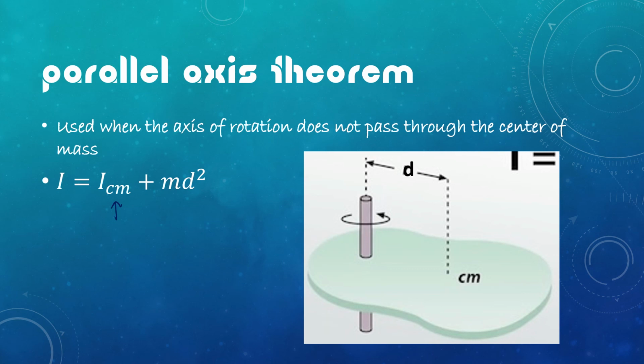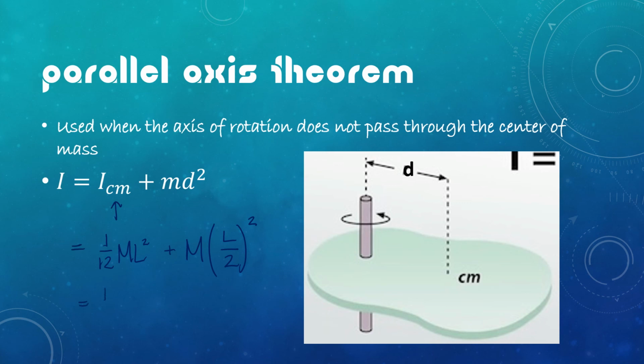Using those long thin rods on that previous slide, let's say that we started out with 1/12 m l squared. That's what we derived when the axis of rotation is about its center, plus mass times the distance from the center of mass to where the axis of rotation is. So if the axis of rotation is at one end, that distance is L over 2 squared.